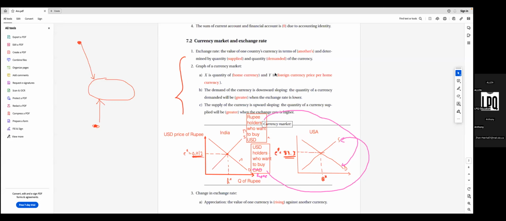Label the horizontal axis by your home currency, which is USD. How do you label the vertical axis? This time it is the rupee price of USD. Okay, then we're done.